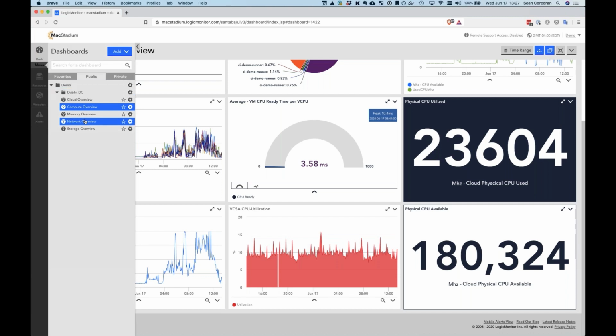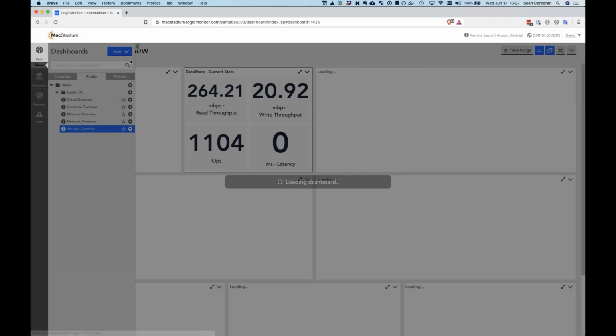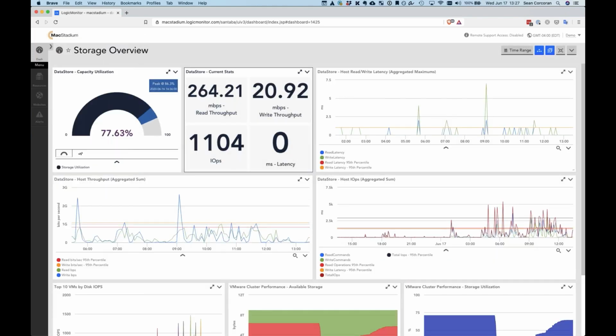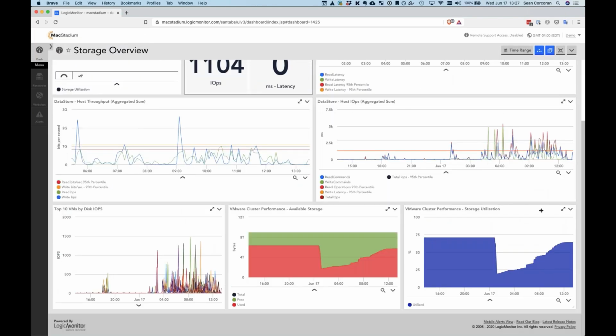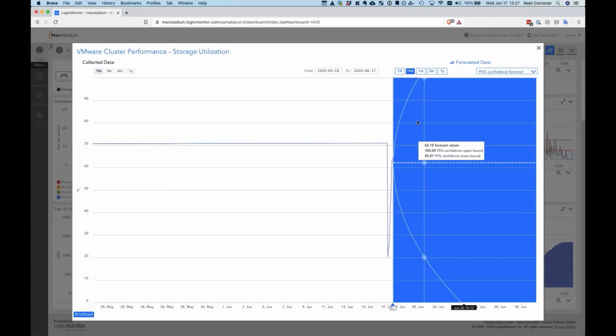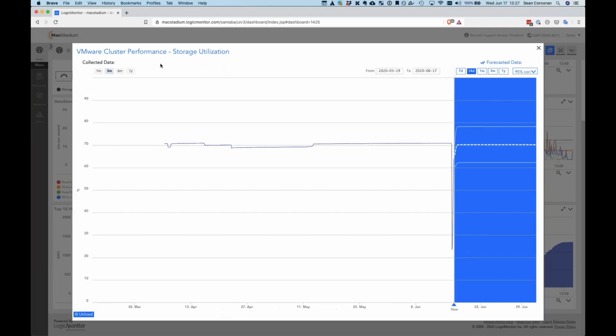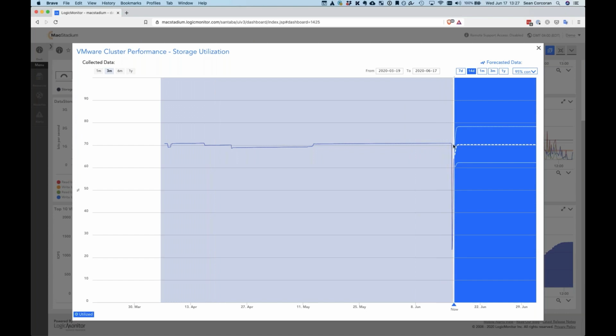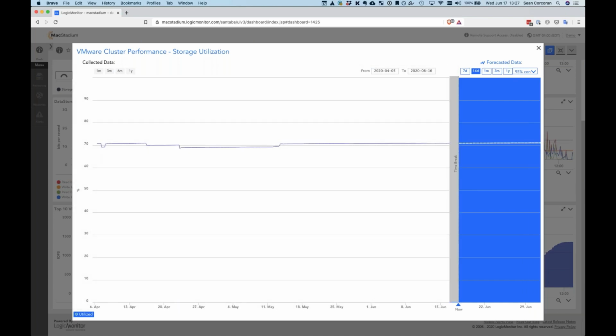Last thing I want to show our audience today is the consumption of storage. We talked a little bit about that here today, and there's a forecasting tool built into LogicMonitor that allows us to go back and look at some training window, whether it's the last 3 months, and then look at how that training window will shape into the future.